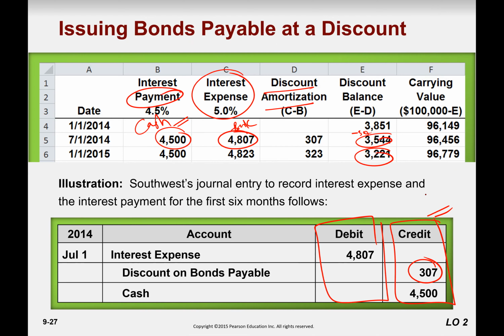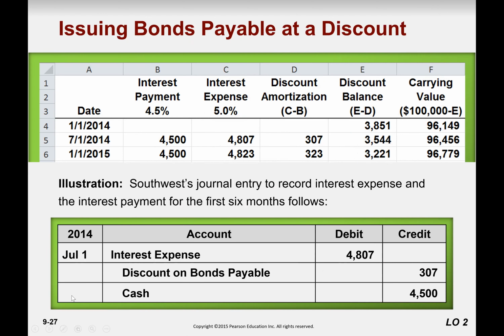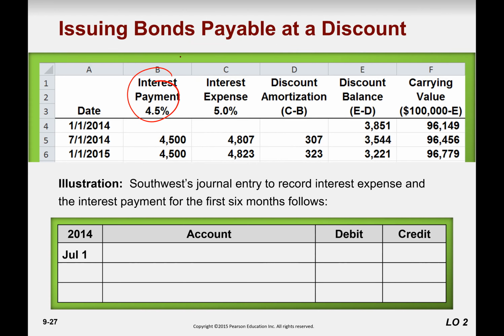Right, guys? Again, I'm going to explain one more time. How are we going to account for this? Interest payments are based on the contractual obligation. So when you pay the interest, these are payments, this is cash, not the expense. Remember that one. You pay actually how much? 4,500. And how much do you record as interest expense? Interest expense you record 4,807.